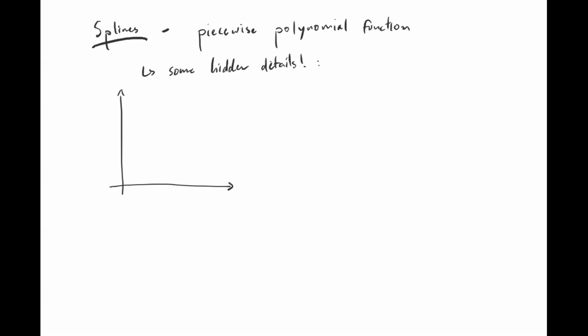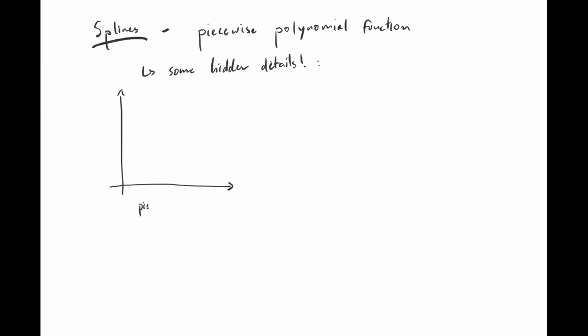The vast majority of spline applications in reality don't use polynomials beyond cubic. Once you have x cubed, combined with the piecewise, you typically don't see too many examples of splines using more than this cubic polynomial function.